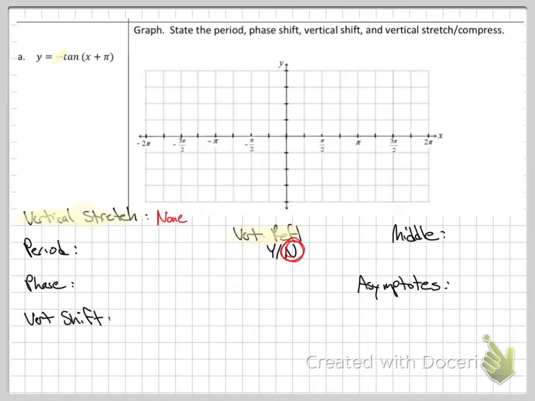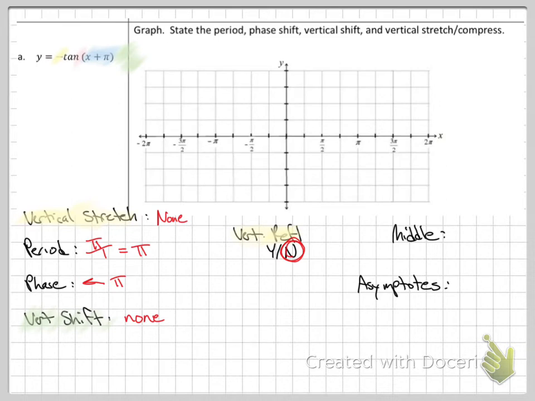The period is pi over b. There's an imaginary 1 in front of this x, so that's why I'm dividing by 1. So the period's going to be pi. The phase, it says plus pi, but we know that's going to move it left pi. And the vertical shift, we see plus 0, so it has no vertical shift. Or you could say up 0 if that's helpful.